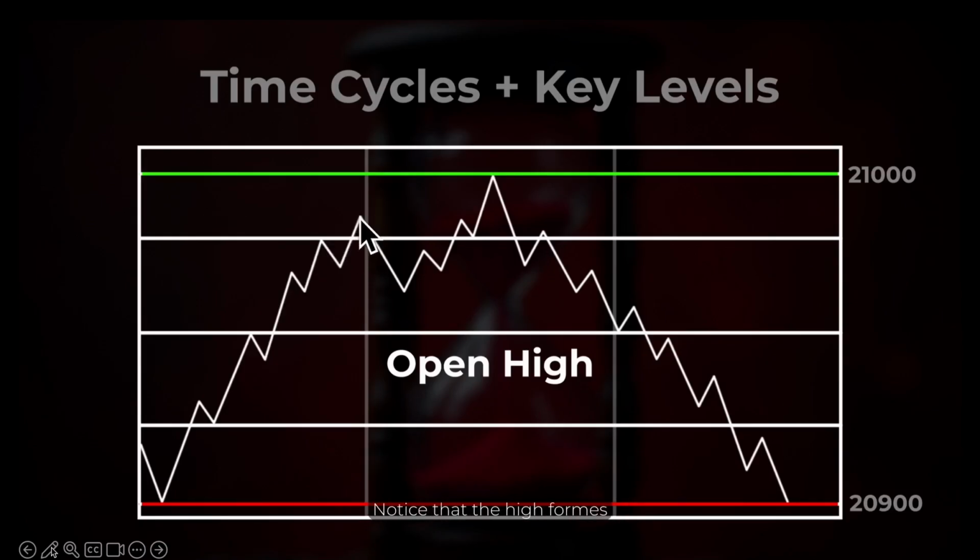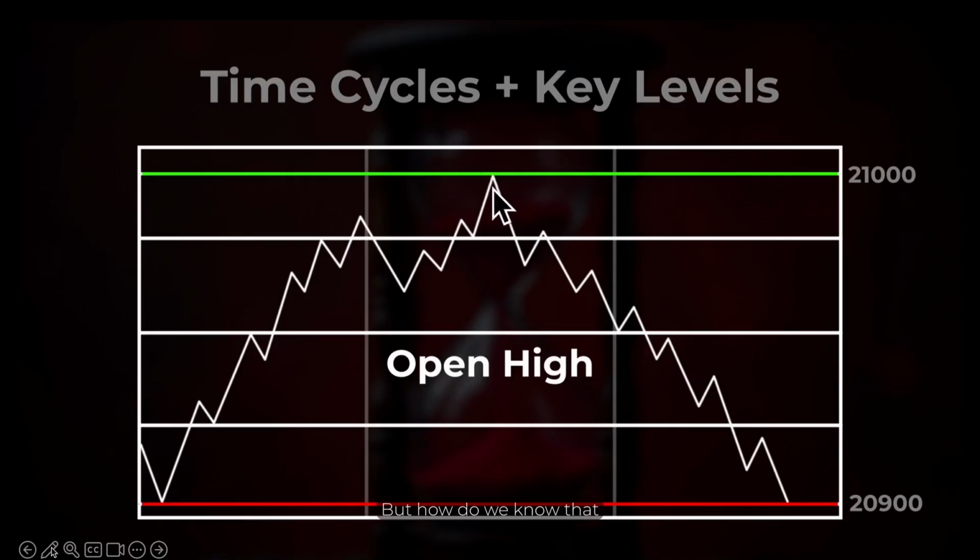Notice that the high forms in advance of the 21,000 price level, which is our key level. We see the market then open up the new time cycle, represented by this vertical line, and notice that the market reprices higher. We see open high taking place, where the market takes out buy-side liquidity resting above this previous cycle high, and it reaches that key level which we are monitoring.